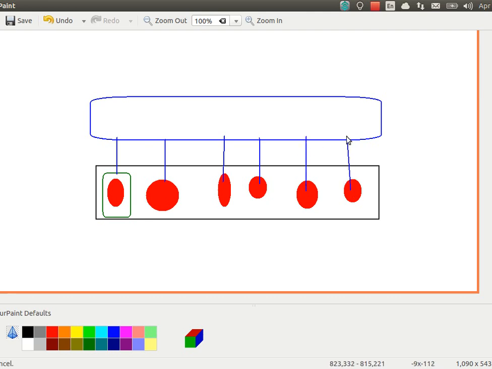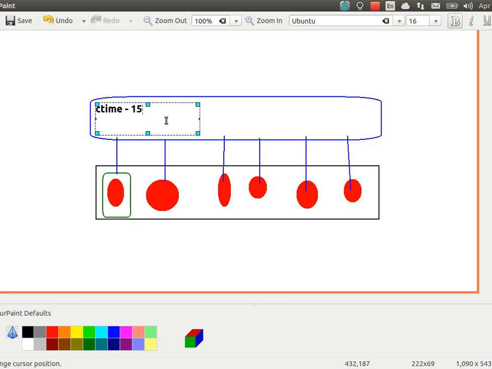That means if I am accessing this file, the metadata will contain information about it. Let's suppose I created this file today, so it will contain the ctime, that is 15th of April, and the date and time and the seconds.